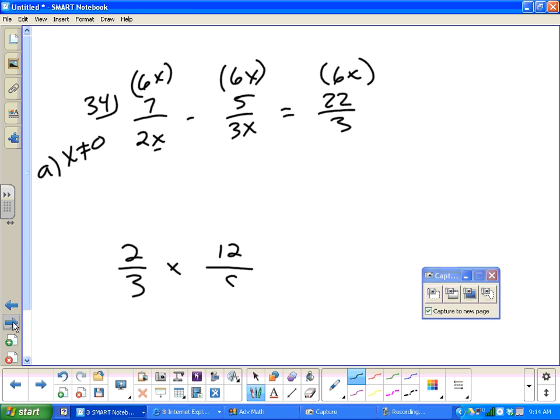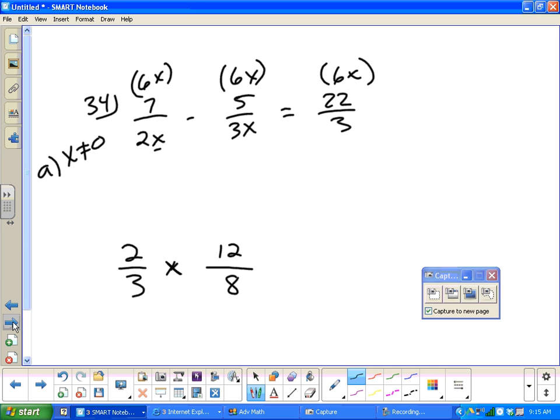When they teach you to multiply fractions, they taught you to say 2 times 12 is 24 and 3 times 8 is 24, didn't they? And really, they should not be teaching you how to do fractions this way.